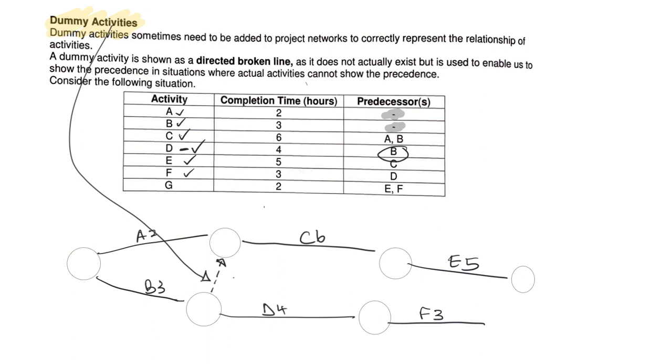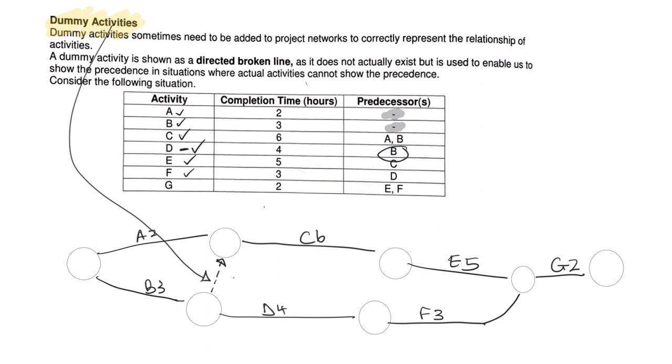G starts after E and F, so I need both of those to finish, and then I do G, and G takes 2 hours, and then I need to finish my network with another node. Okay, so this is how we put in a dummy activity, and it's just practice and doing questions and being prepared to do it.